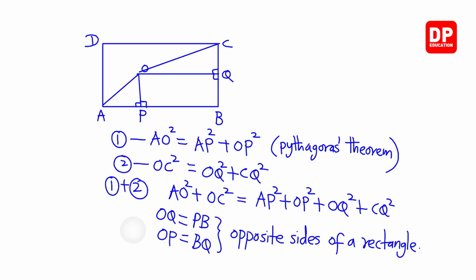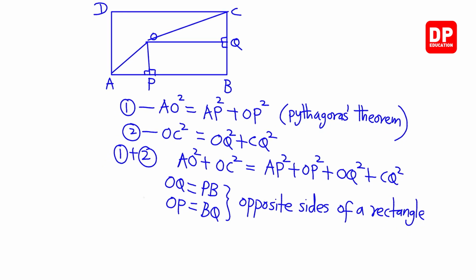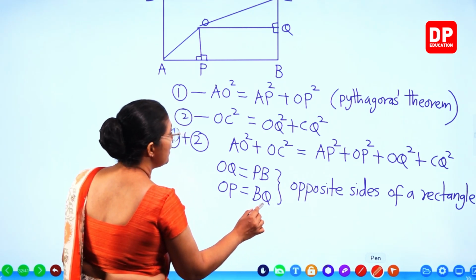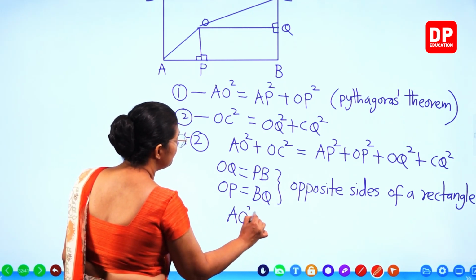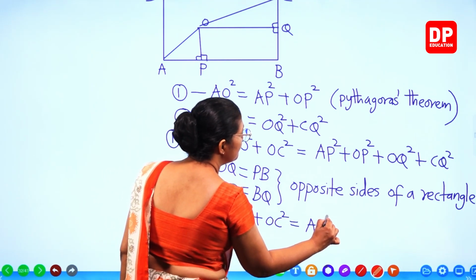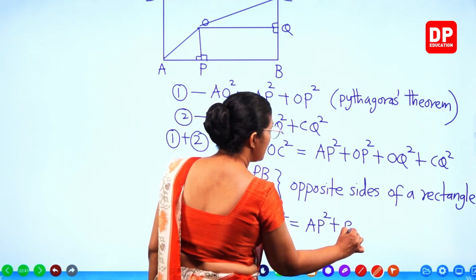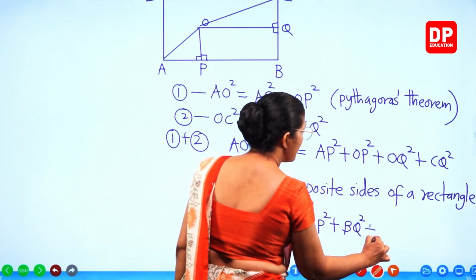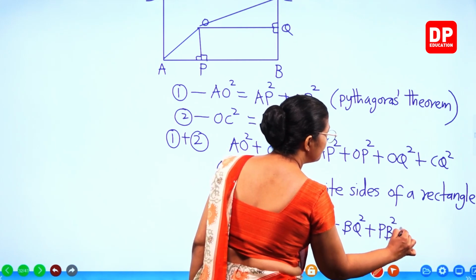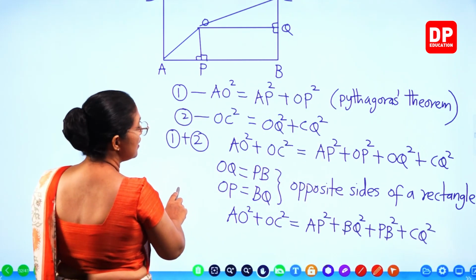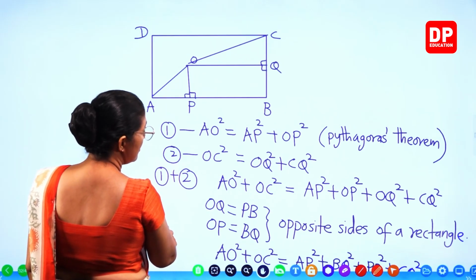Now we only have to plug in. Instead of OP, we can use BQ squared. Instead of OQ, I can write PB. So let's see whether we got the required answer.